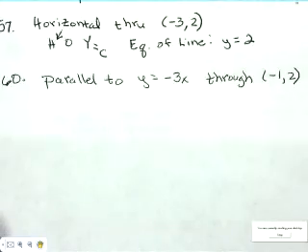Hey, is that just a horizontal line? The answer is no, but why? Because it has an x. Just y equals negative 3 would be a horizontal line, but negative 3x is not a horizontal line. What is the slope of that line? Negative 3.